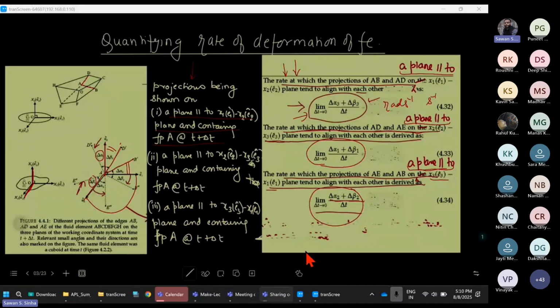Those 4 things were rate of fractional change in length AB, rate of fractional change in length AD, and rate of fractional change in AE. 3 more. And then I had rate of fractional change in the volume of the fluid element. That was the 4th item in the morning. And then 3 added, total 7 things I have.